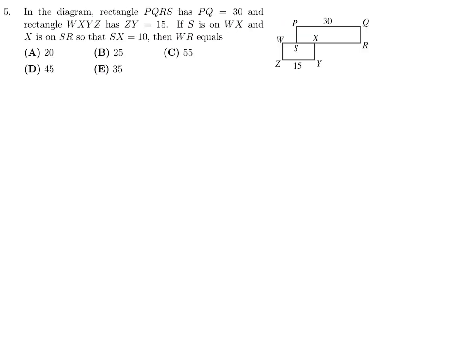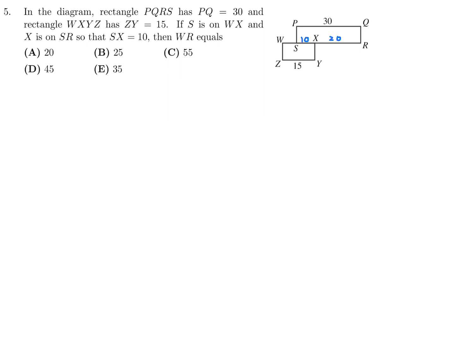In the diagram, rectangle PQRS has PQ equals 30, and rectangle WXYZ has ZY equal to 15. If S is on WX and X is on SR, so that SX is 10, then WR is equal to. Well, SX is 10 right here, and therefore if this is 30 and this is 10, then this XR must be 20.